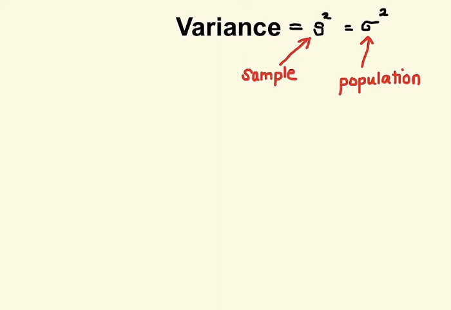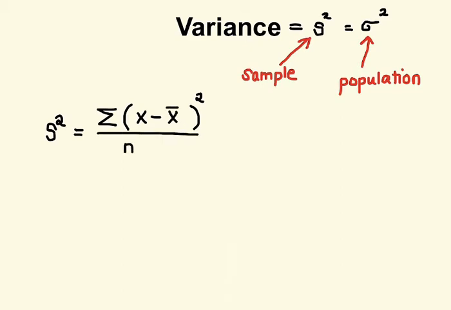So the formula for the variance, s squared, is equal to the sum of the following values squared: each x value in the sample minus its average, so the difference squared, divided by n minus 1.